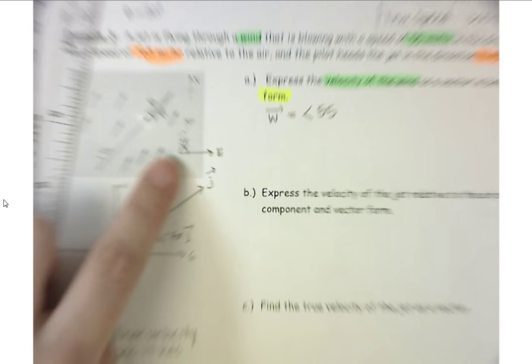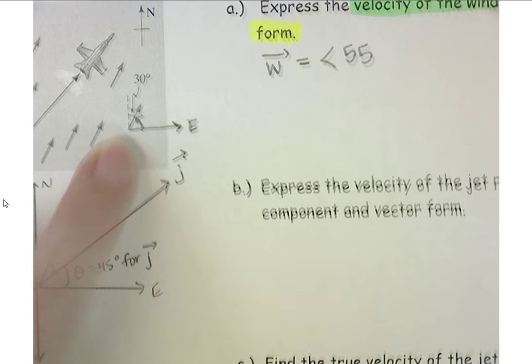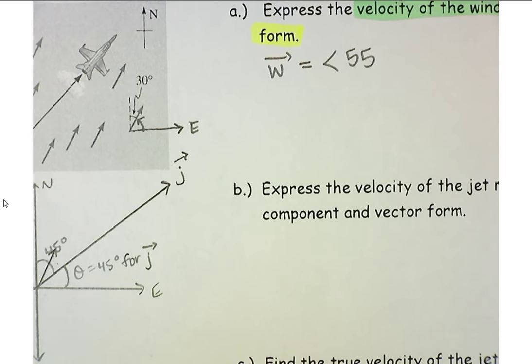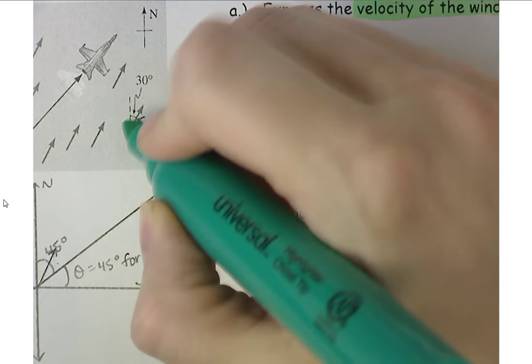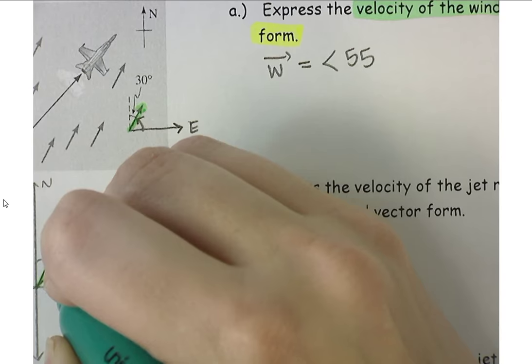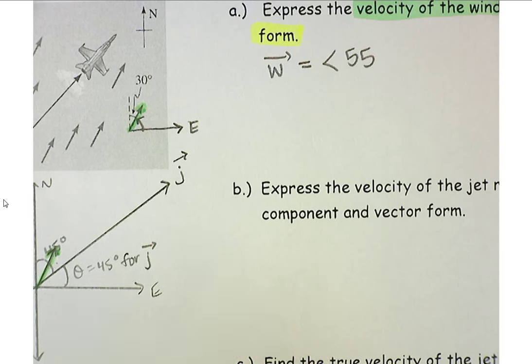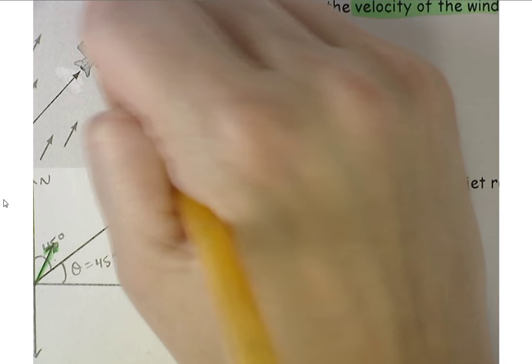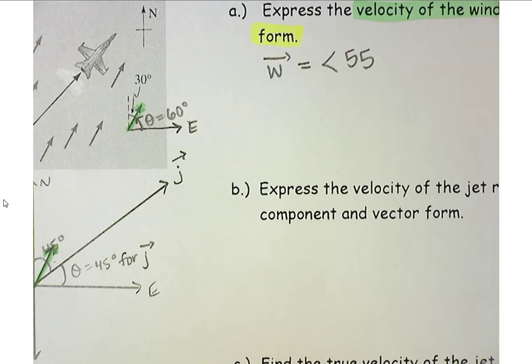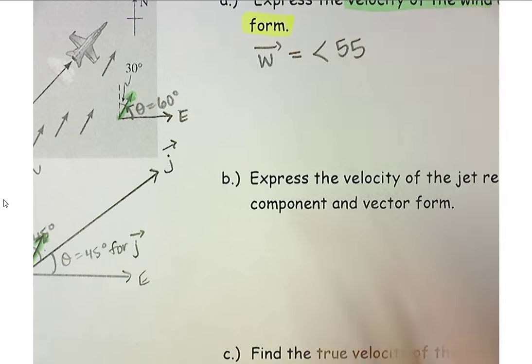So your theta value is going to be what? What's our theta value going to be? So if this is 30, 60 degrees. Thank you. Glad somebody was with me.